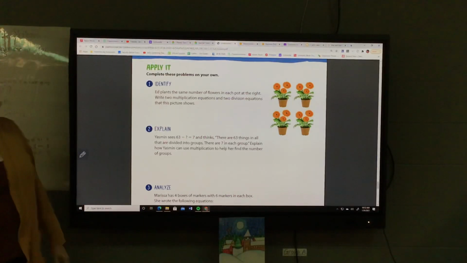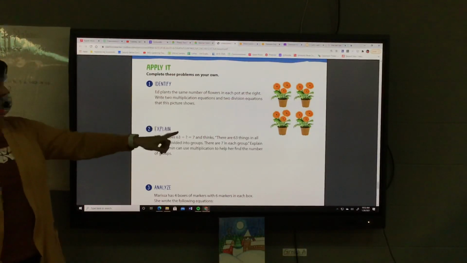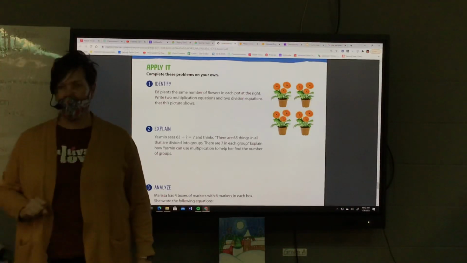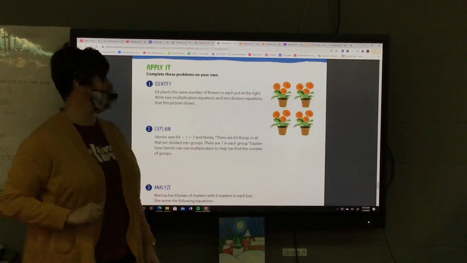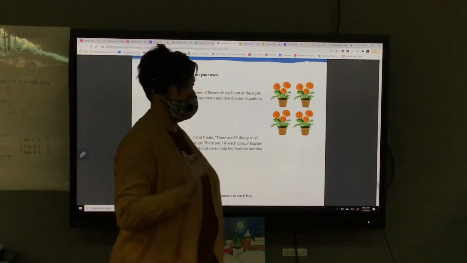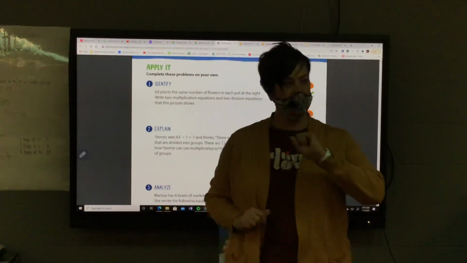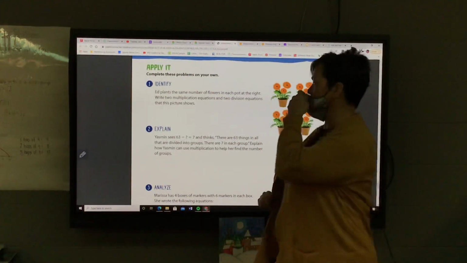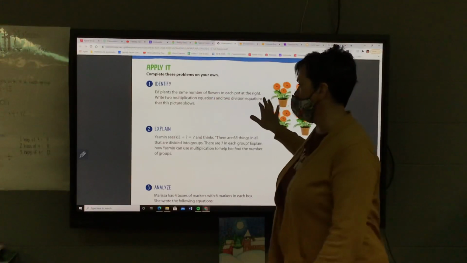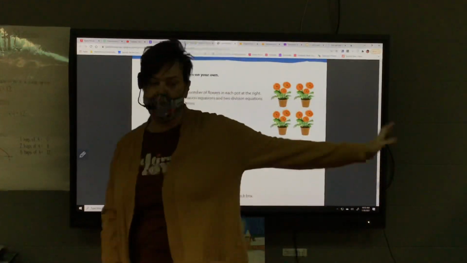Ed plants the same number of flowers in each pot at the right. Write two multiplication equations and two division equations that are being shown in this picture.